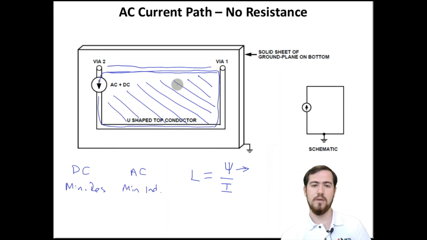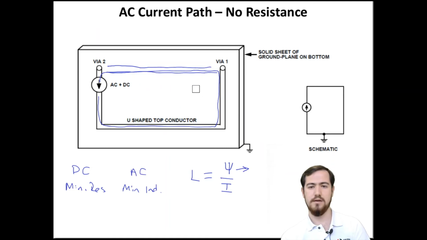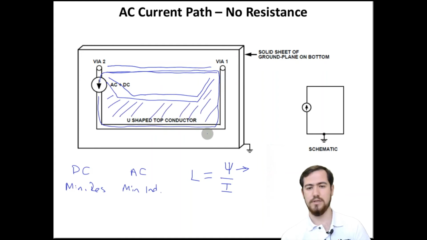However, we want to minimize this, and you can see that we can obtain a better solution with a path such as this one. Now the flux will be linked only in this region, so my inductance will be lower.